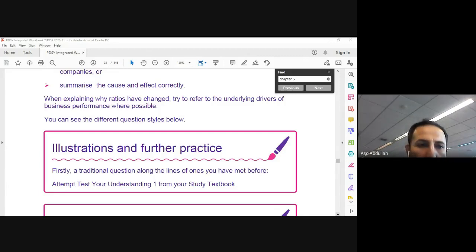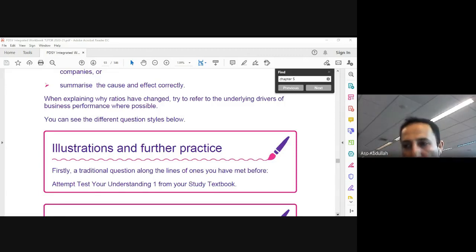And the last one, this time it asks you for the conclusion on how the overall performance has changed over the last 2 years.